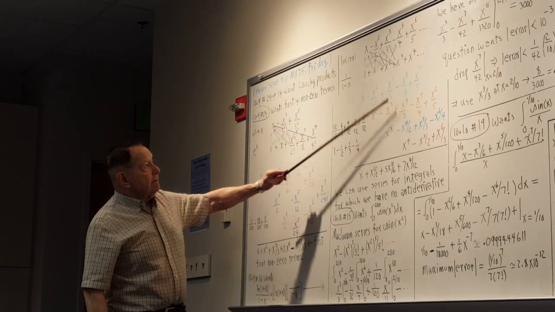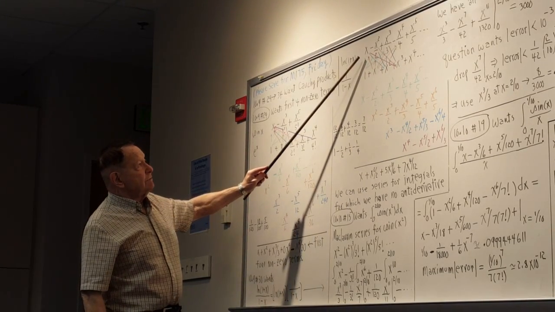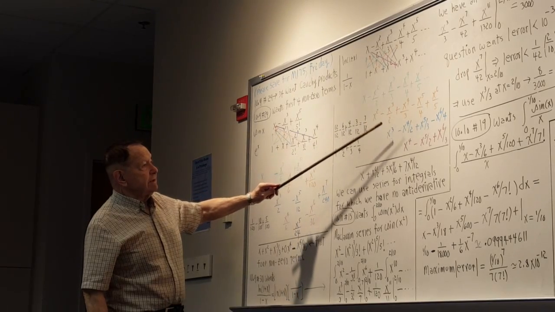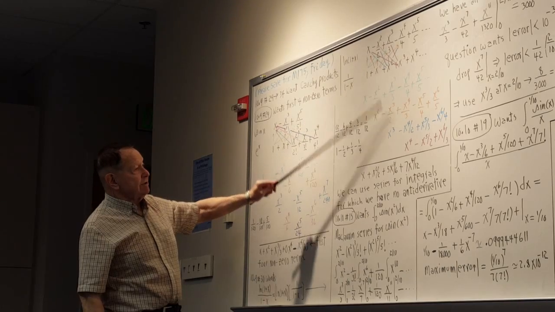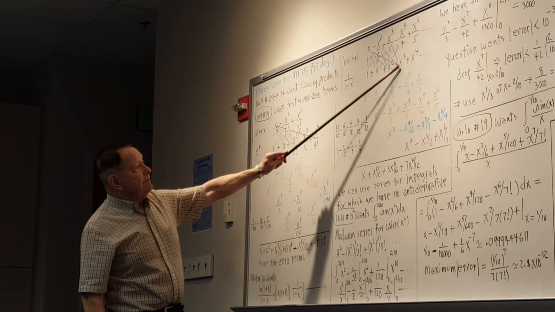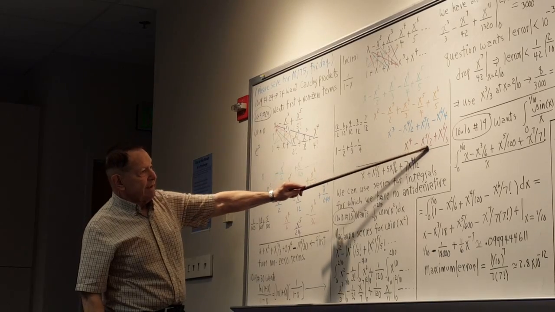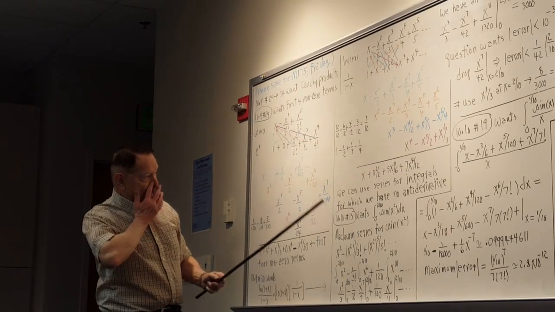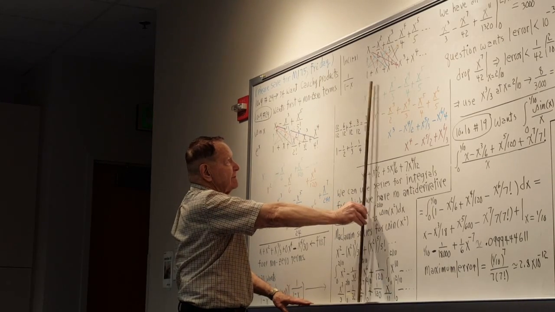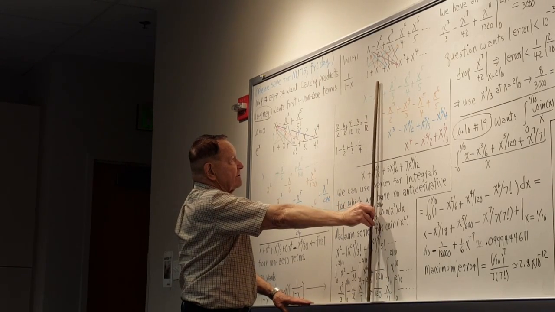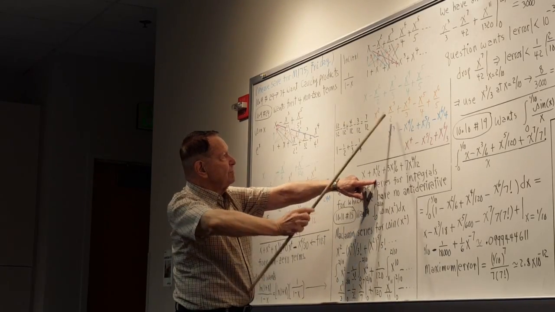So then finally, if you do x fourth times, let's see, if you do this one, the x cubed times x, you get the x fourth. You do the x cubed times minus x squared over 2, that gets you the x fifth. So we have an x, we have x squared minus x squared over 2, so we have x squared over 2.